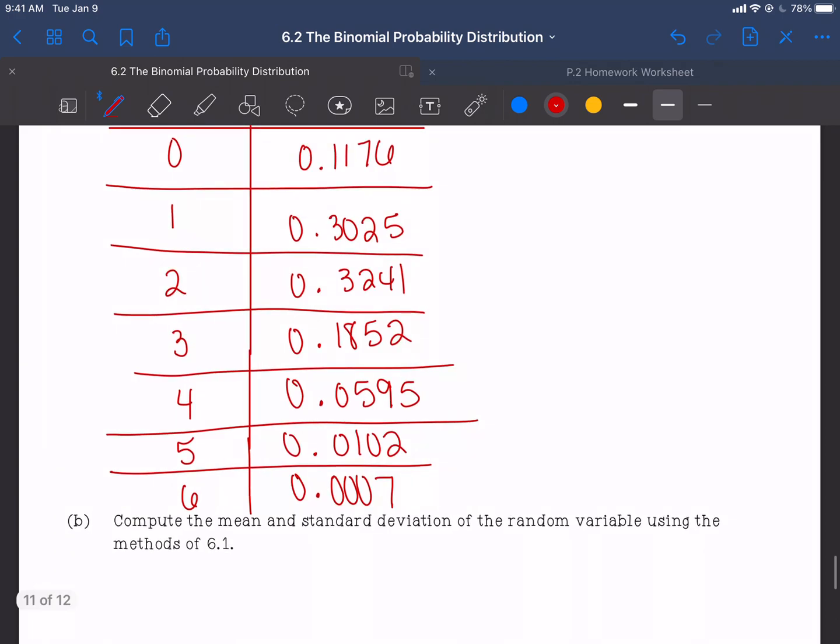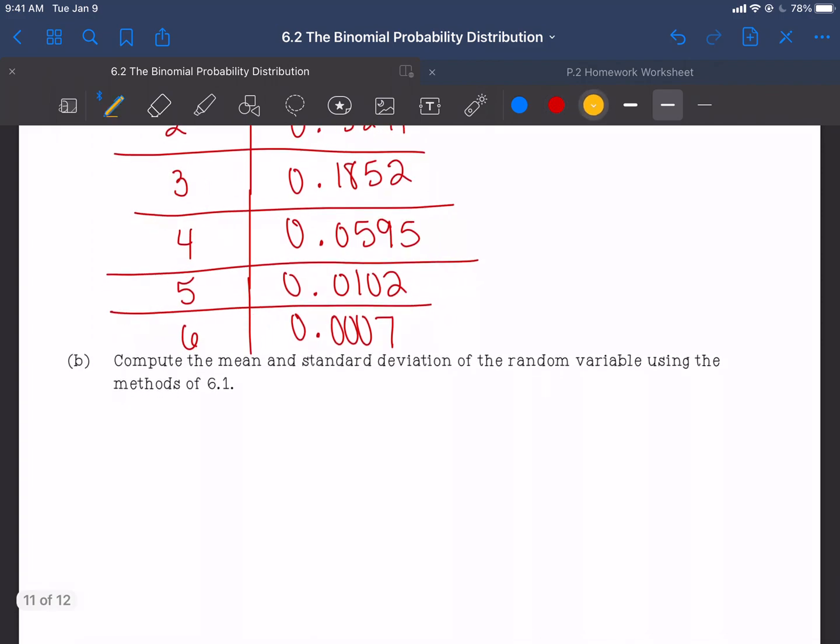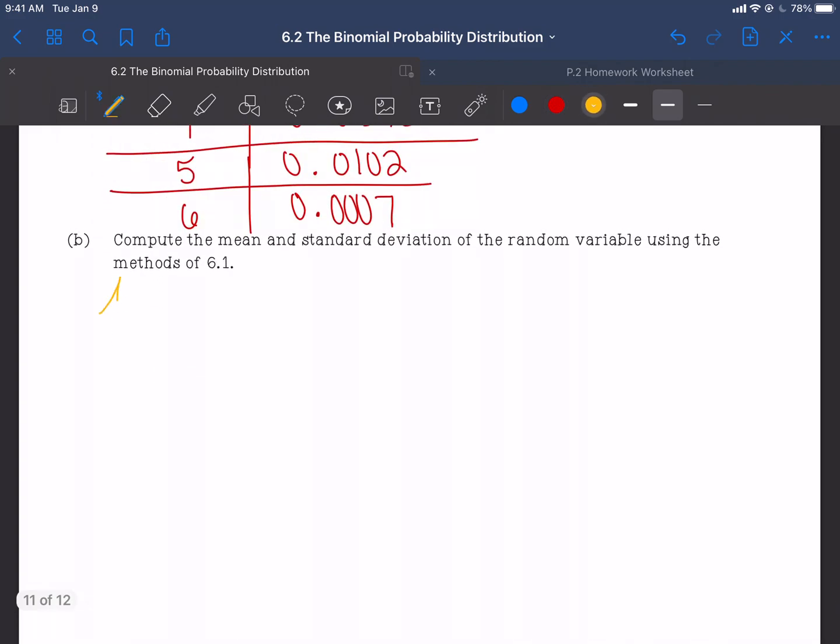Part B, compute the mean and standard deviation of the random variable using methods of 6.1. Okay, so that's where we use the probability distribution table. So the mean of x is going to be the sum of x times p of x.